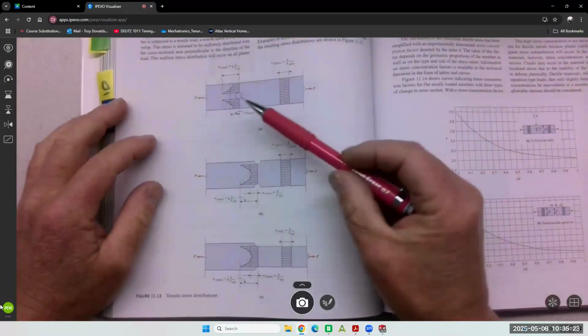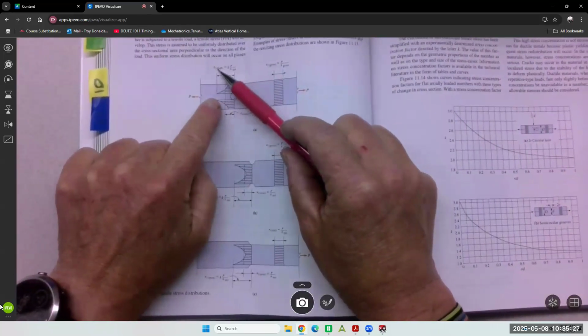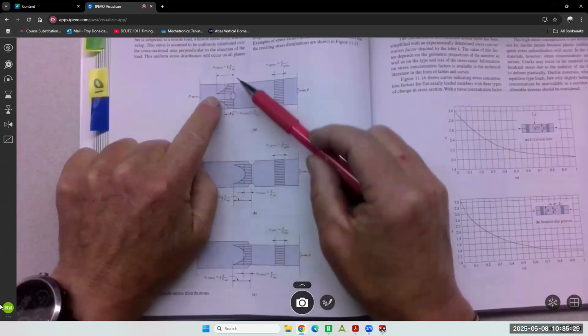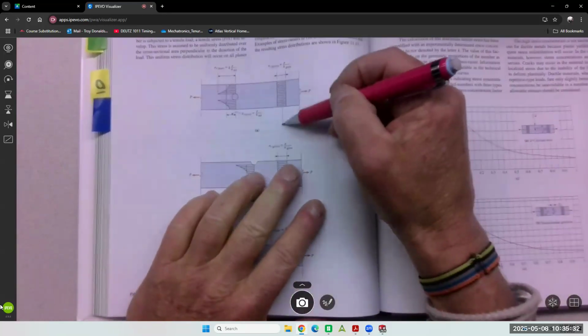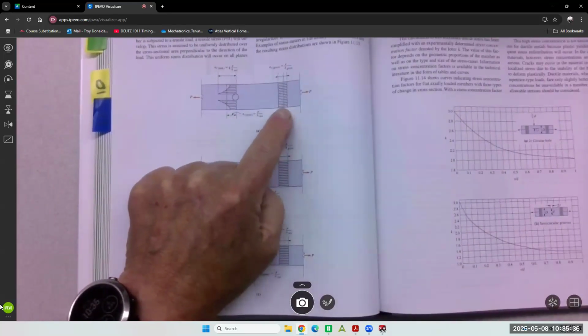So this little diagram is actually showing stresses. Stress max is here next to the hole. Average stress, that's what we've been calculating back here in the section away from the hole.